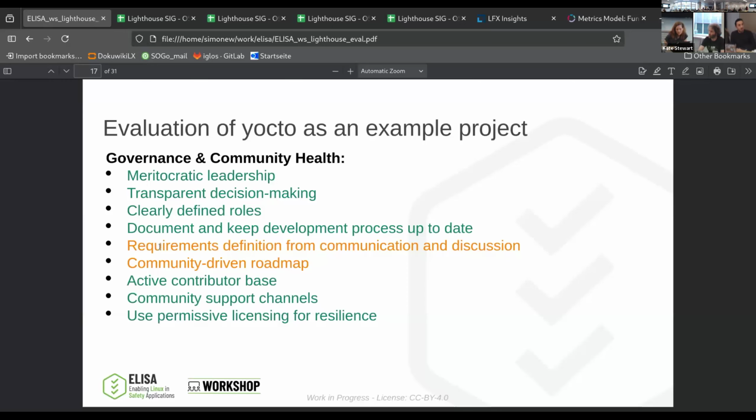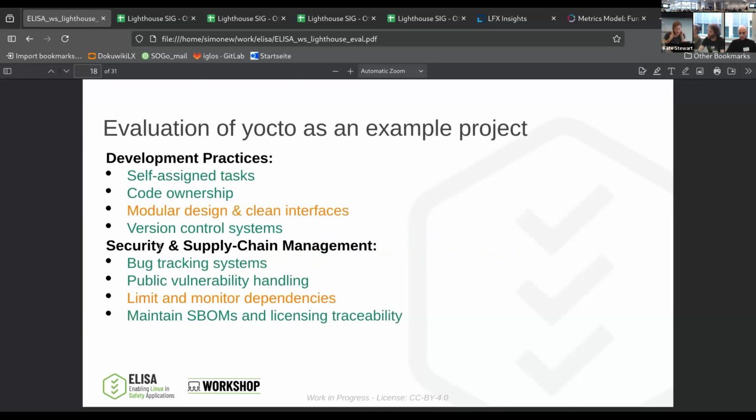From the community base, it looks quite similar-ish to the Xen situation. Community support channels were also more than one reactive channel, with mailing list, IRC, and Matrix, and the licenses. Self-assigned tasks and code ownership are basically very similar: people are choosing something they want to work on.